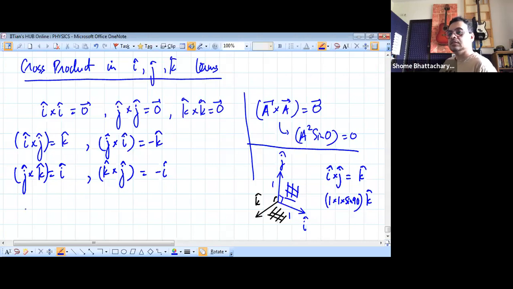And similarly, you take K cross I. Yes, that's correct, Shikhar. If you take K cross I, point your thumb along your z-axis and your fingers along your x-axis. So your palm will be pointing upwards towards the positive y-axis. So that will be j cap.